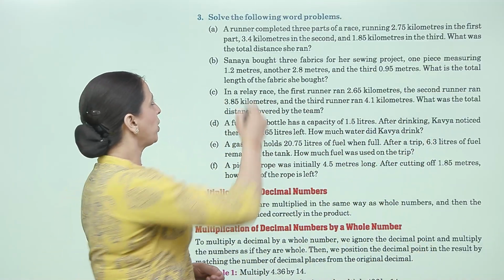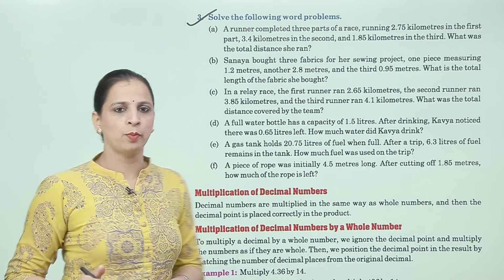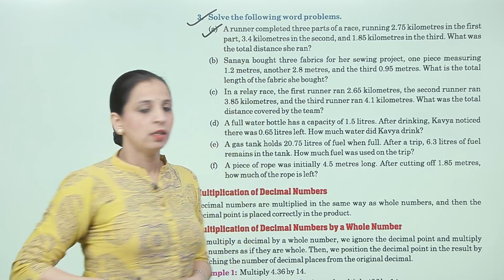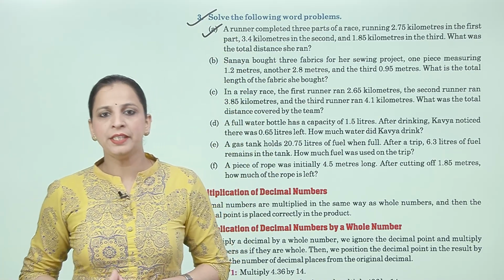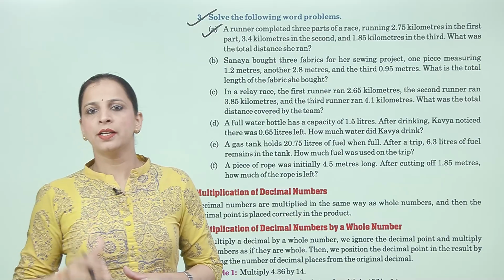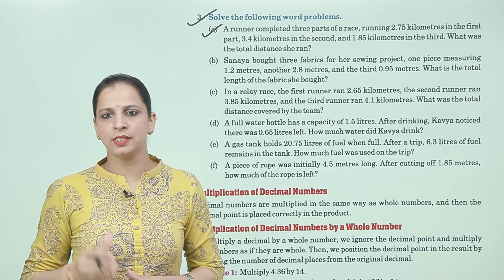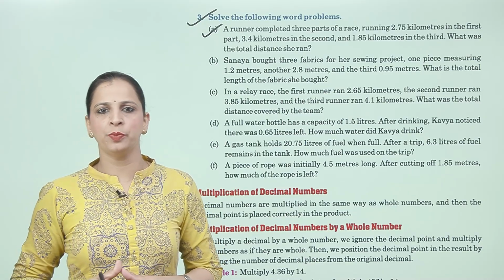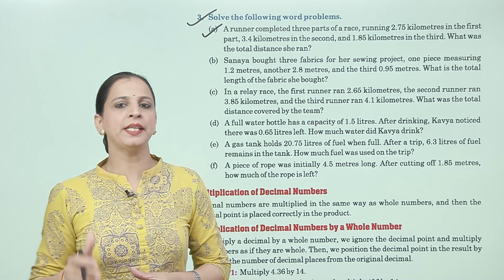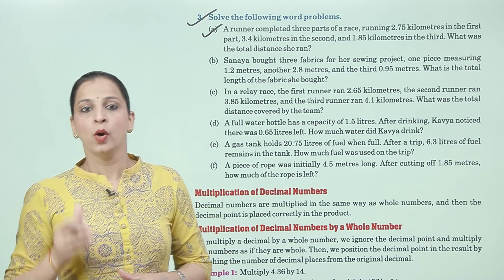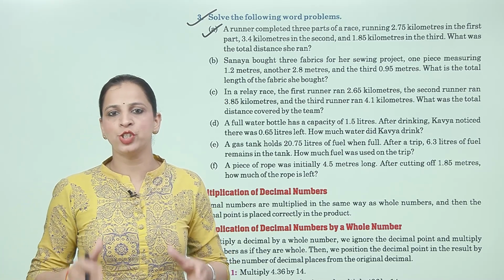Now question number 3, solve the following word problem. A runner completed 3 parts of a race running 2.75 kilometers in the first part, 3.4 kilometers in the second and 1.85 kilometers in the third. What was the total distance she ran?